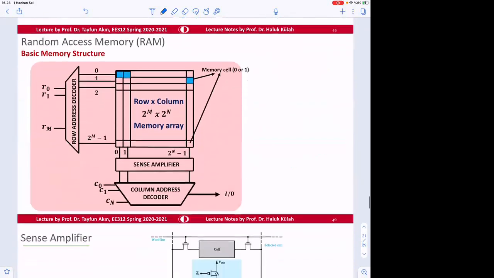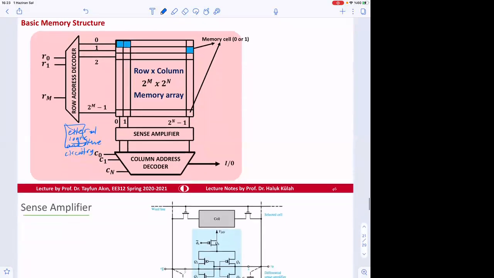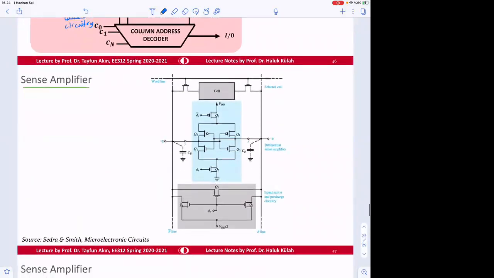But when we look at this structure, there are all these external circuitry, row decoders and other logic and other circuitry, to do all these functions. But one distinct block that we have here is the sense amplifier.